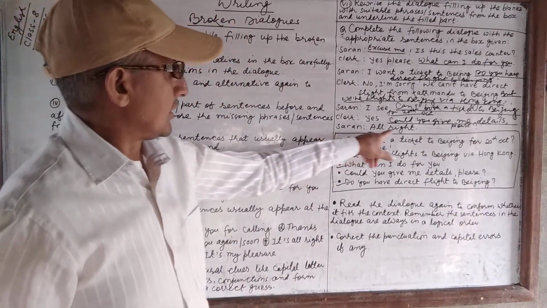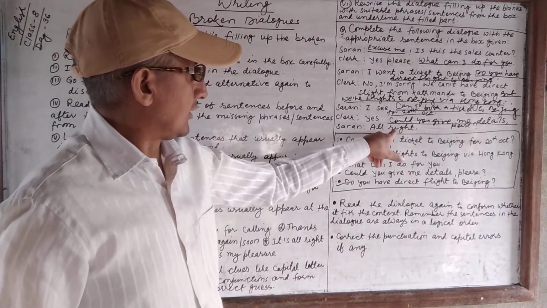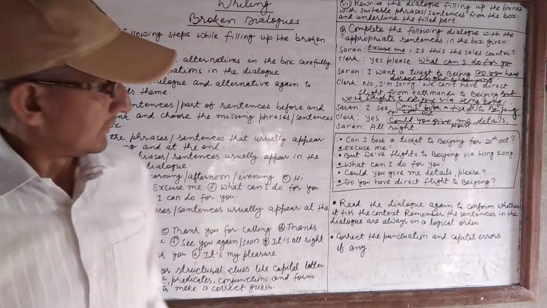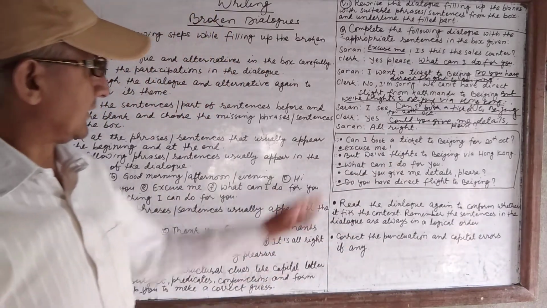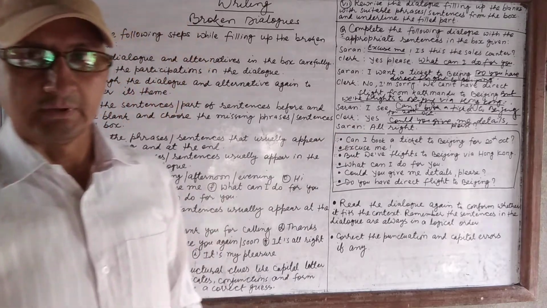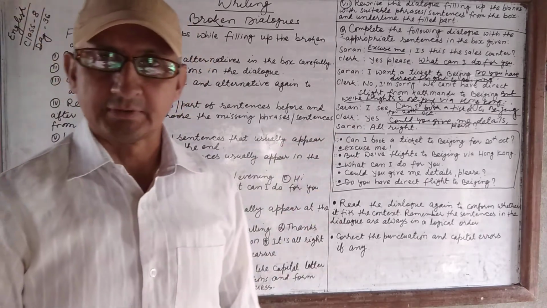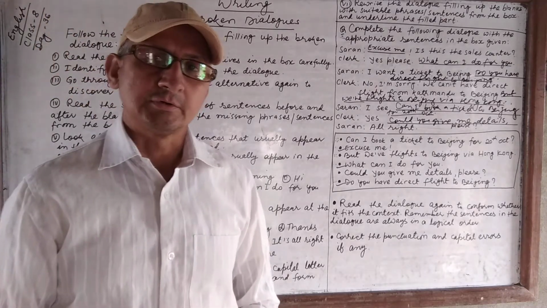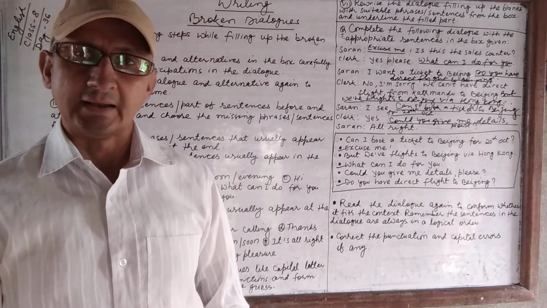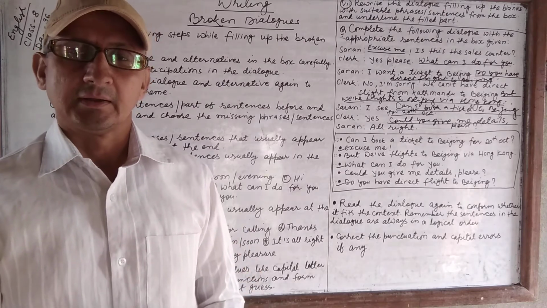Okay. So all right, okay, all right is the last sentence of the participants of the conversation, of the dialogue. In this way, you have to fill up the dialogue. Okay, you have to complete the dialogue.